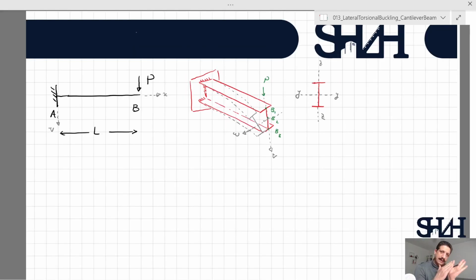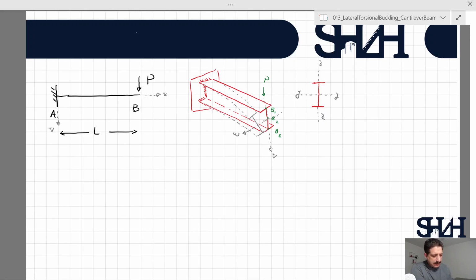So it is tilted or rotated around its longitudinal axis, and also it is moving out of plane. From that moment, we have two functions of movement: one is the rotation, the other is the lateral movement.